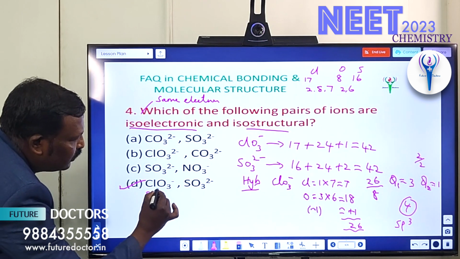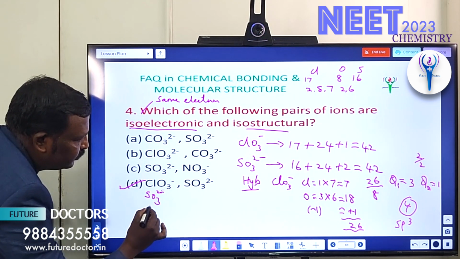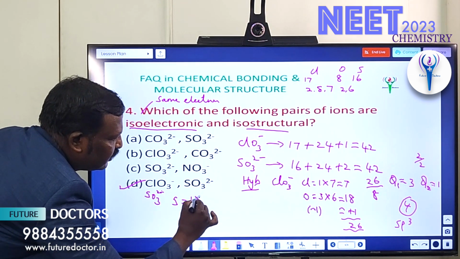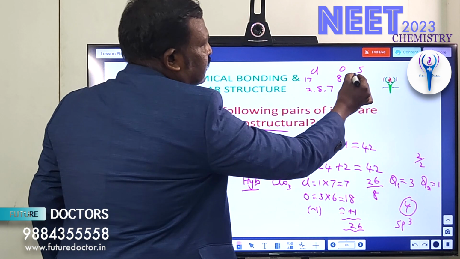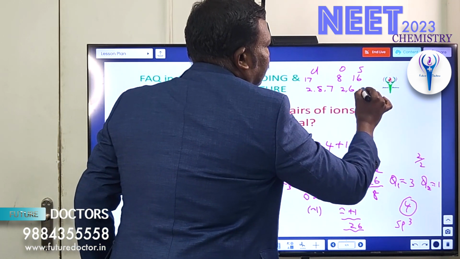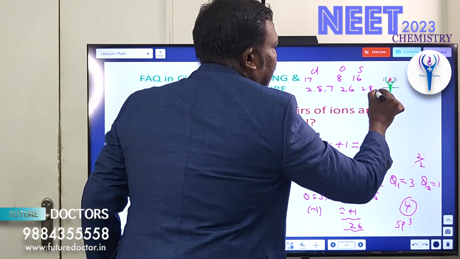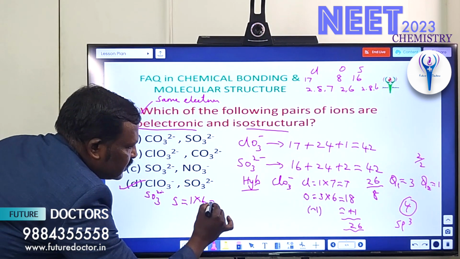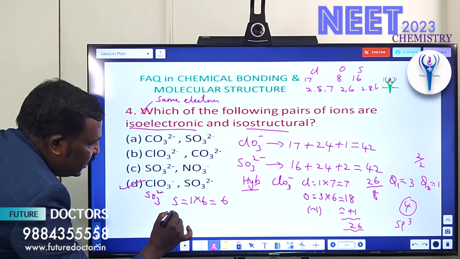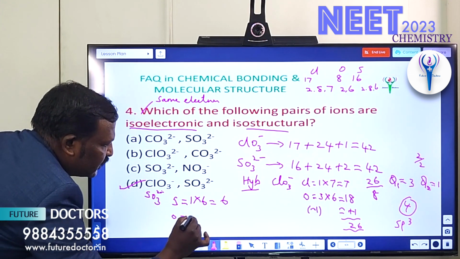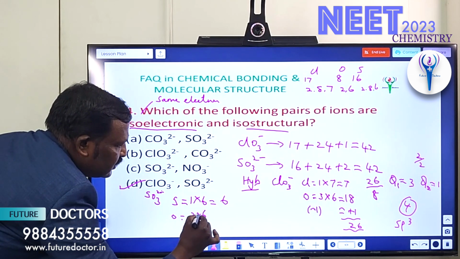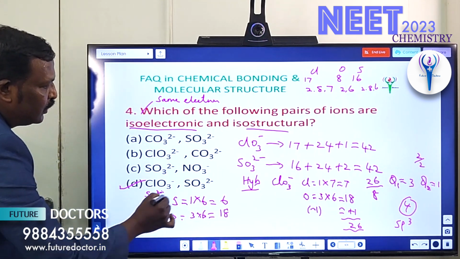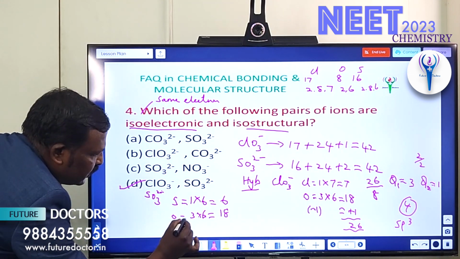SO3 2 minus. See, we have only one sulfur, so 1 into valence electron, 16 is 2, 8, 6, so 6. Then 3 oxygen, so 3 into 6, this also 18. 2 minus means plus 2.